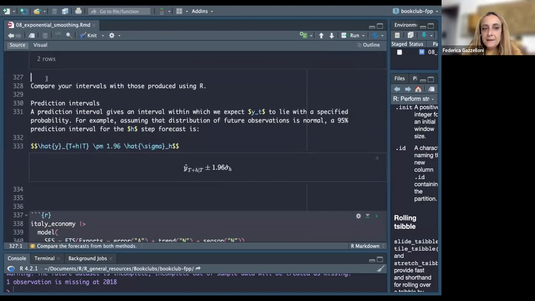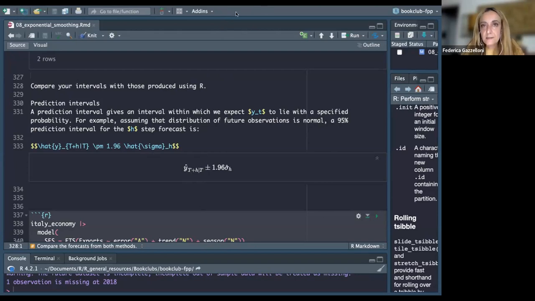To compare, there is this section in the book, which is chapter 7. Where is it? I thought I left it open for the share. So this is more information about the prediction intervals.